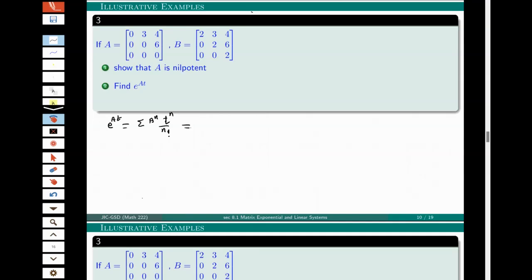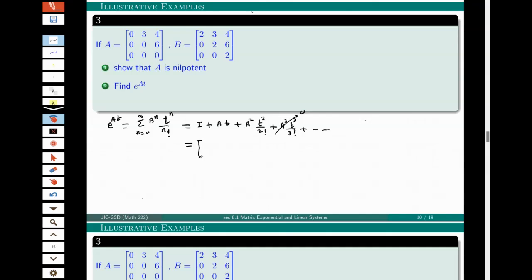Okay, so e to the power At is the sum of a to the power n t raised to the power n over n factorial, from n equals 0 to infinity. When n is 0, I will get the identity matrix, then a times t, then a squared t squared over 2 factorial, and so on, a cubed t cubed over 3 factorial, and so on. But we know a cubed is 0, so all the rest will be 0.